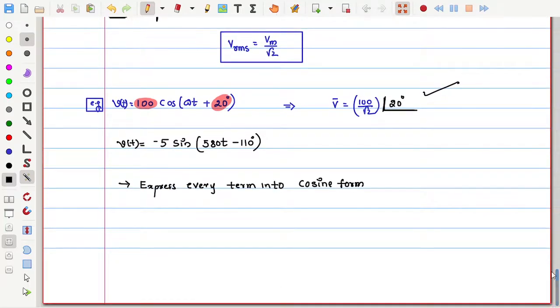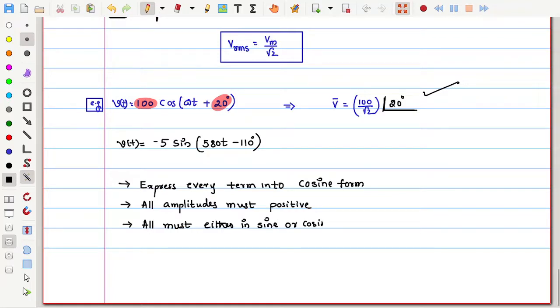Next, all amplitudes must be positive. We should not have any negative amplitudes. Next, to add functions, all must be in either sine or cosine.